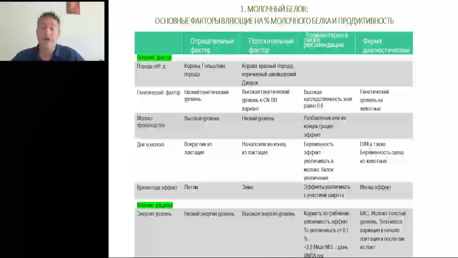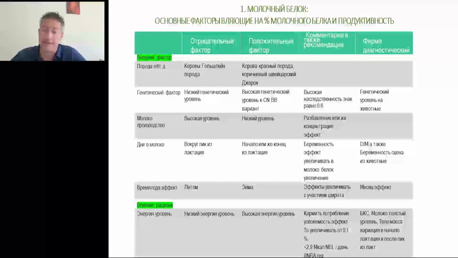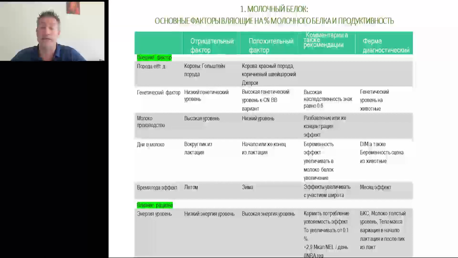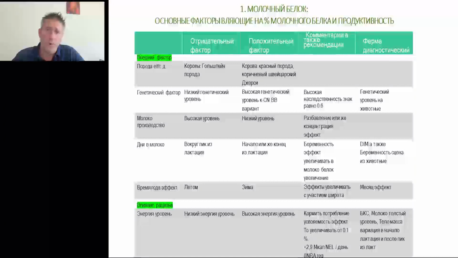For example, for external factors, the breed effect is very important. We have a negative factor with the Holstein breed. Negative factor means that we will expect to have a lower percentage of milk protein. Positive factors are red breeds, Brown Swiss, Simmental or crossbreed.